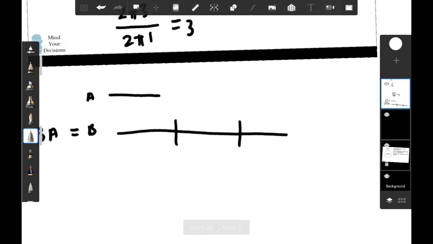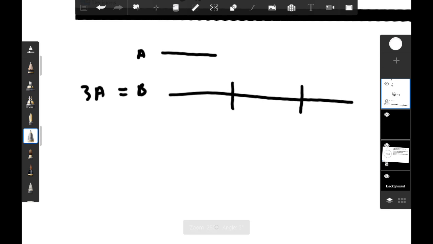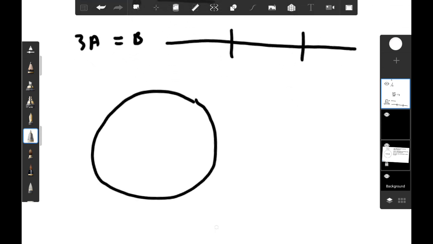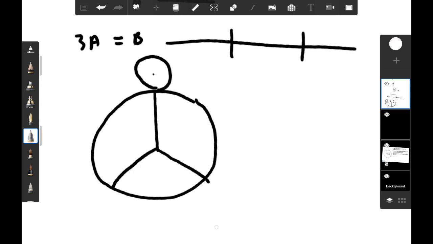So B is the circumference, right? We draw back the circle, and because we divide it into 3 parts, we divide the circle into 3 parts as well. We divide it like this. Okay, and then this is circle A. Just use the arrow to show that it's upright, to show the direction of the ball.